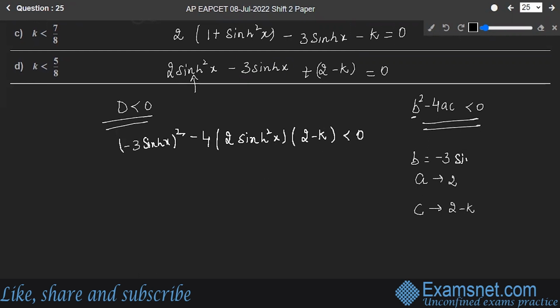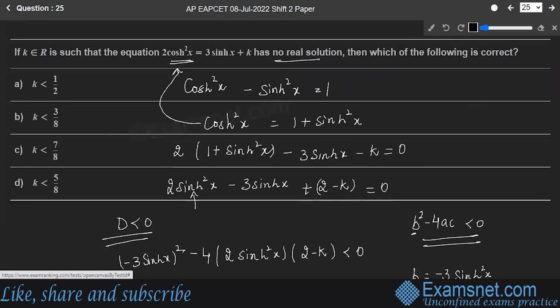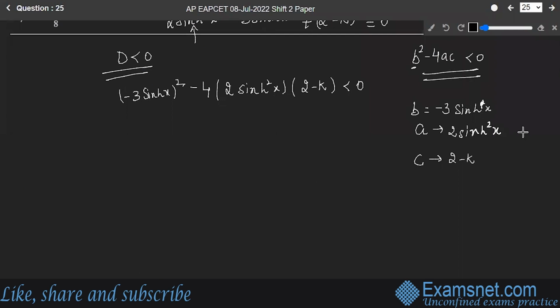See, these are the coefficients of sinh x. So this becomes 9 sinh square x minus 8 sinh square x into 2 minus k is less than 0.